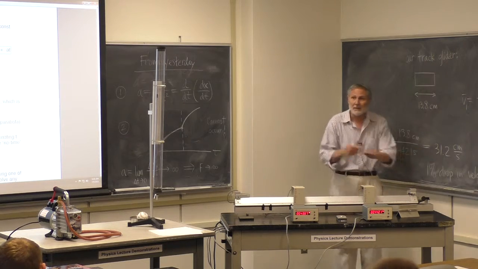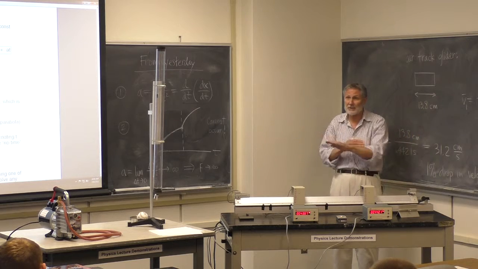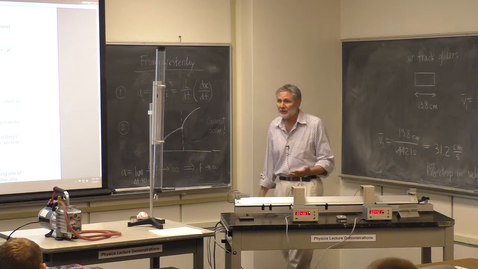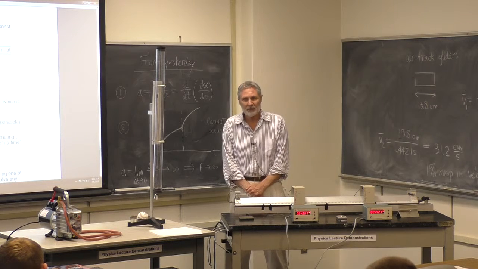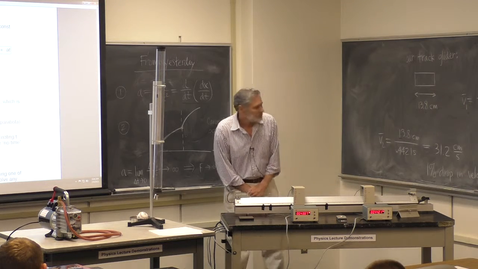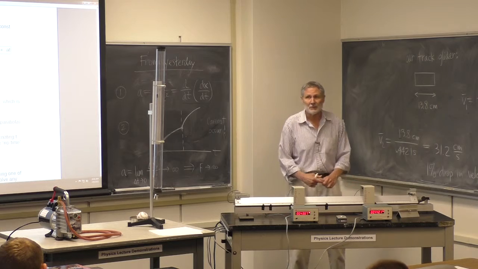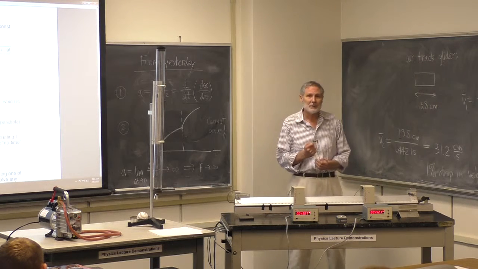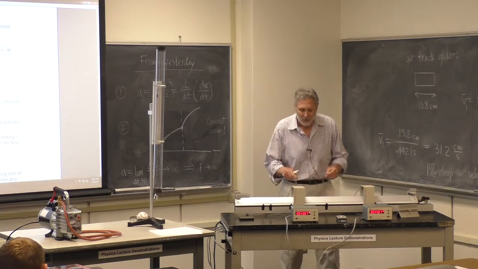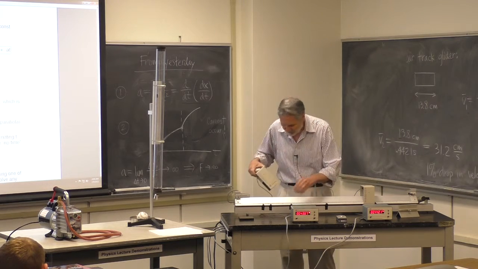This could be greater, right? Because it's going to accelerate. Welcome to the real world. This is an experiment. It can be greater. That's why we have a lab in this course, so you'll get used to this kind of thing. Other questions? Okay, so let's take these off.